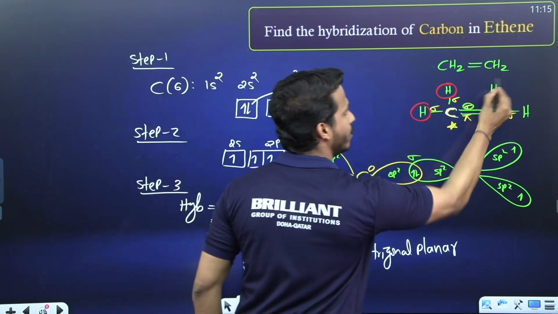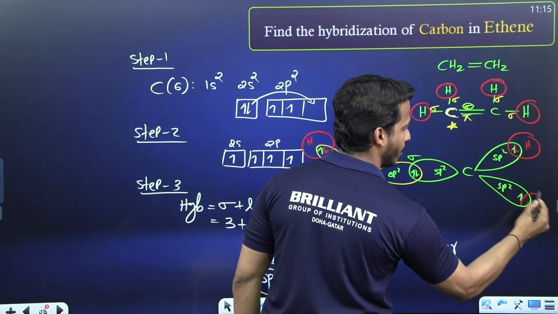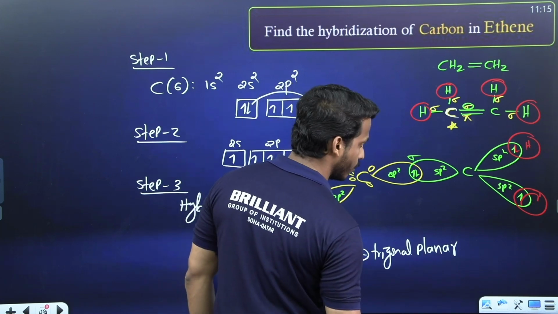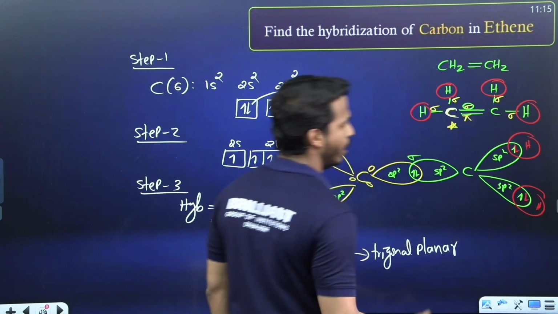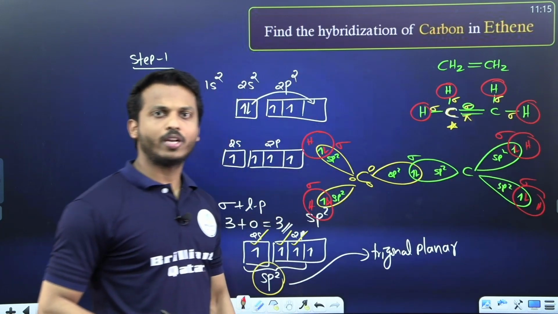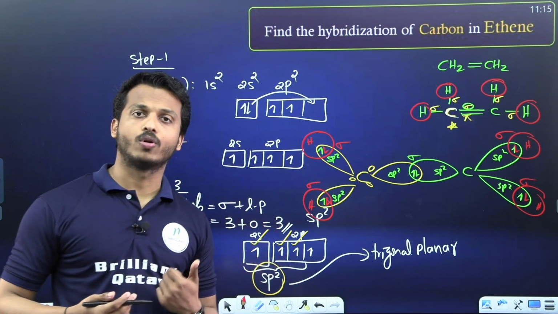The same way this hydrogen also comes with 1 electron, and this hydrogen also comes with 1 electron, and they form a bond. These all are what? Sigma bond. So this is also okay. Have you noticed carbon-carbon sigma bond formed? Carbon-hydrogen sigma bond also formed.